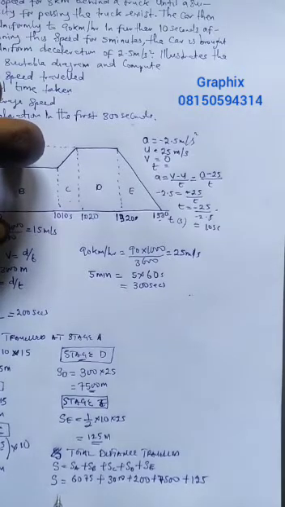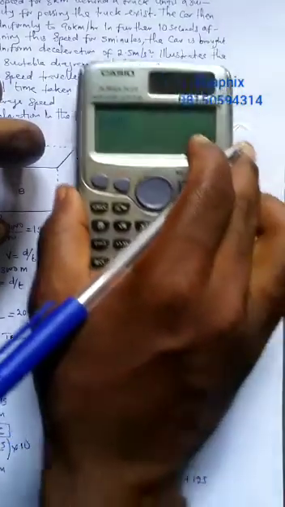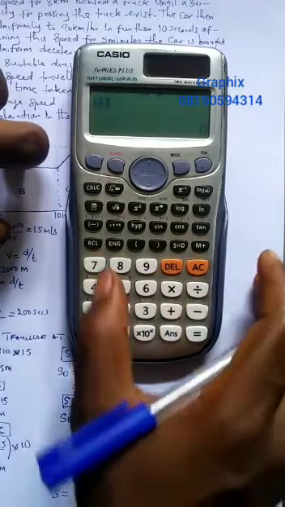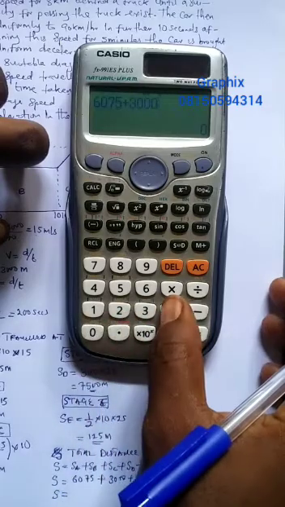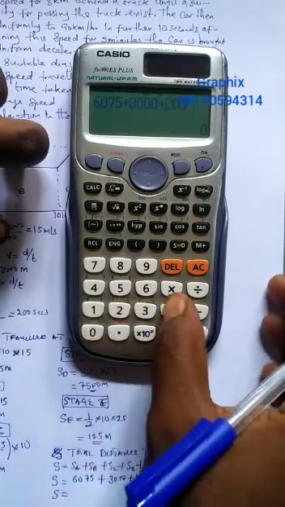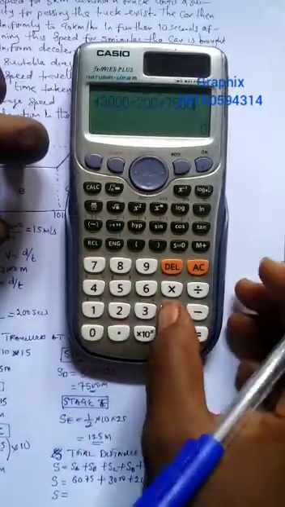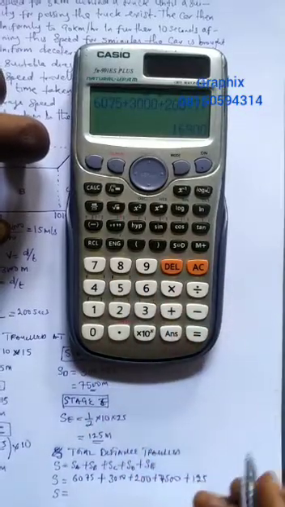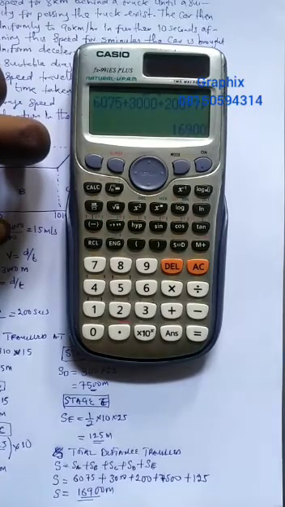So when you add all together, we have 6075 plus 3000 plus 200 plus 7500 plus 125. That'll give me 16900 meters. That will be the total distance traveled.